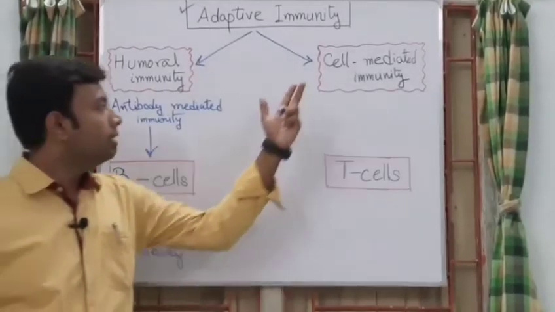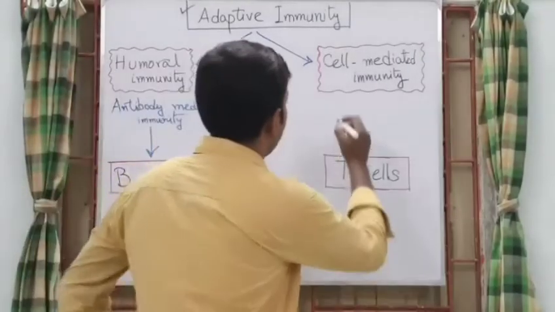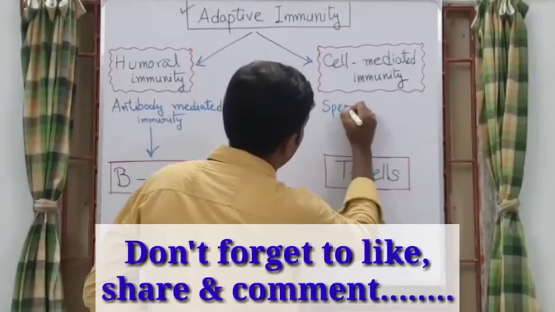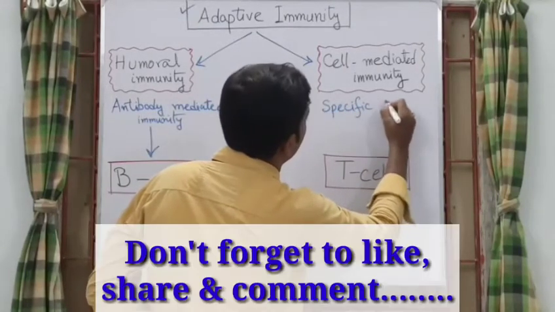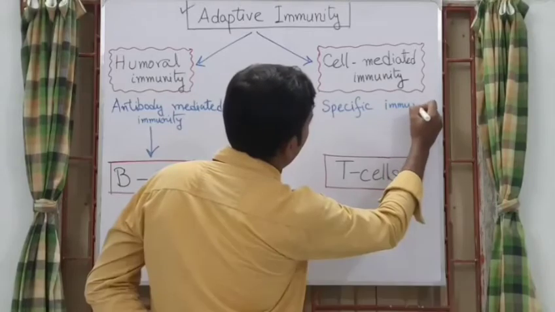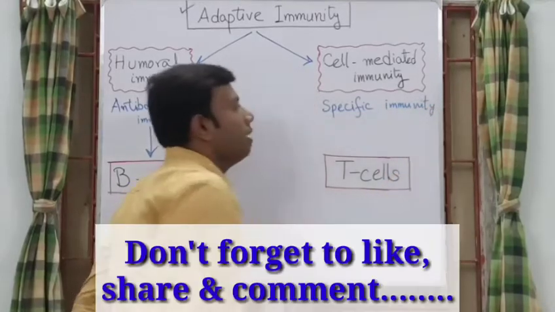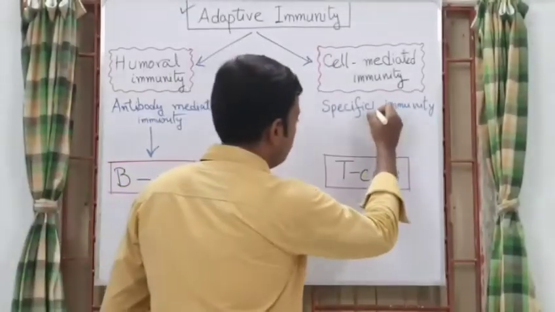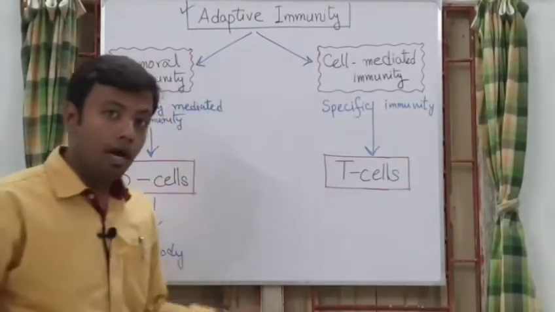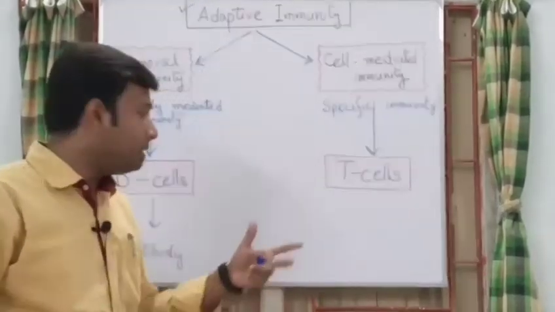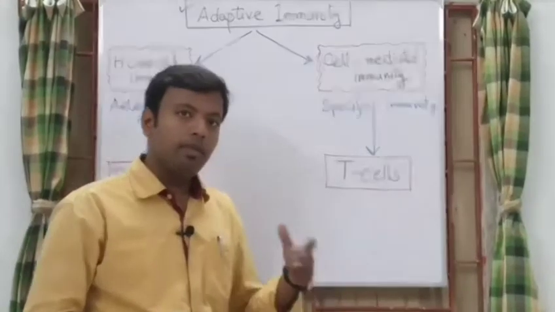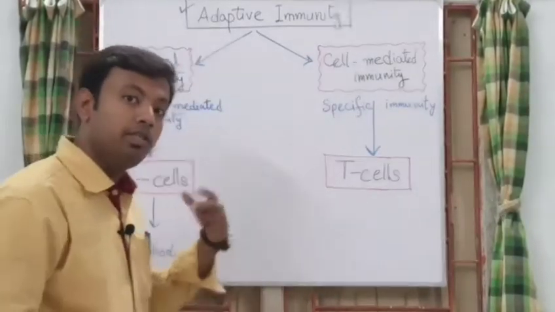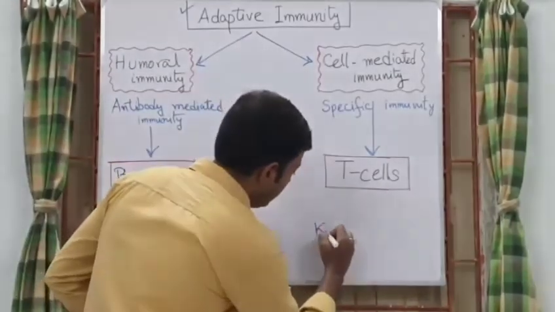On the other hand, the cell mediated immunity, which is also known as specific immunity, plays its part through T cells. Now, upon activation, these T cells can directly kill the foreign invading pathogens, germs.